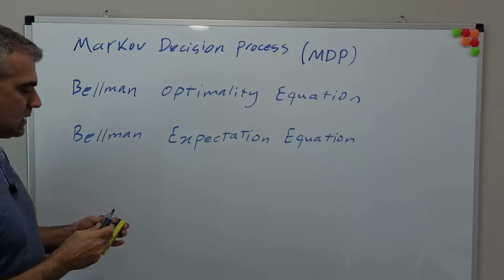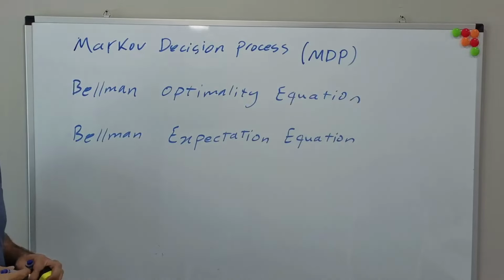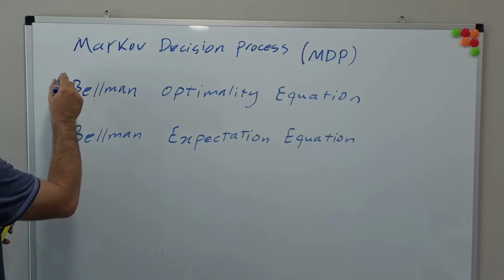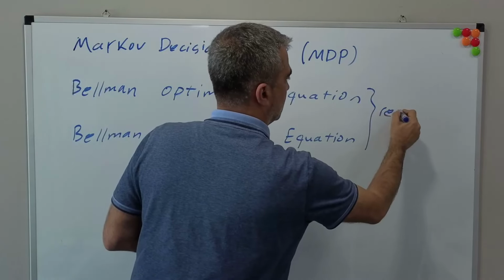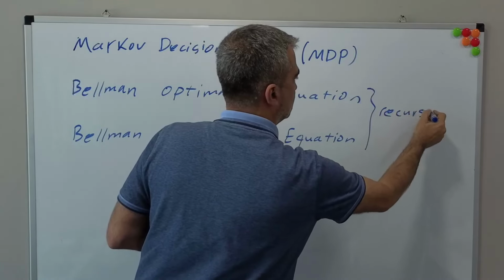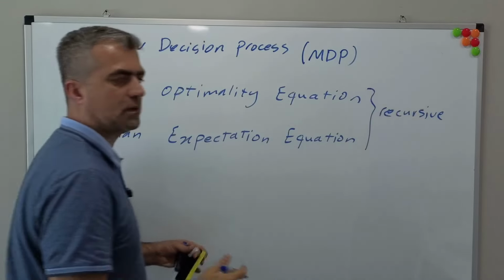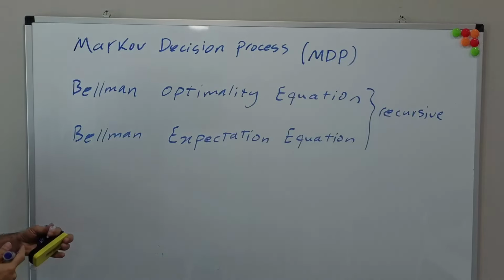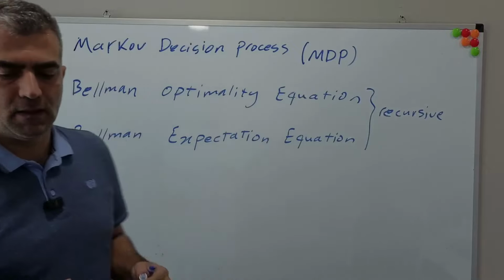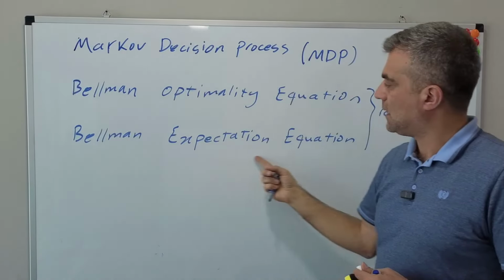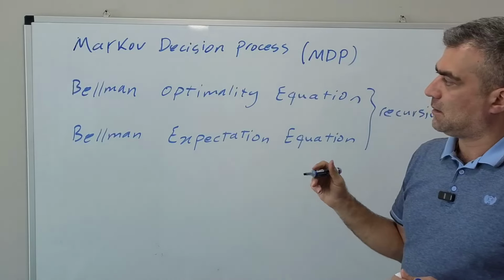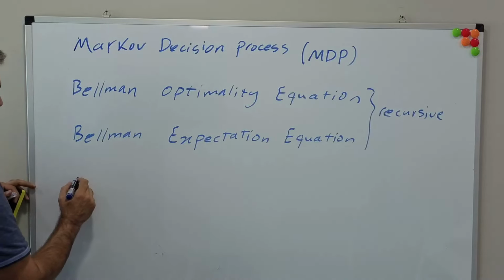These were recursive implementations, or this is a recursive way of thinking about them. So Bellman optimality equation, Bellman expectation, coming implementations of them.